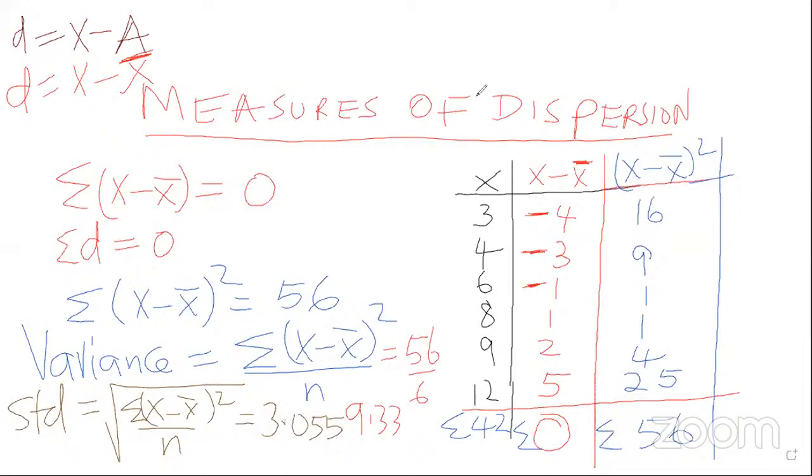And the standard deviation is now the square root of the variance to go back to the original units that we had used. The first one was a measure of central tendency, the mean. Variance and standard deviation are measures of dispersion, and we have looked at them using ungrouped data. Any question?